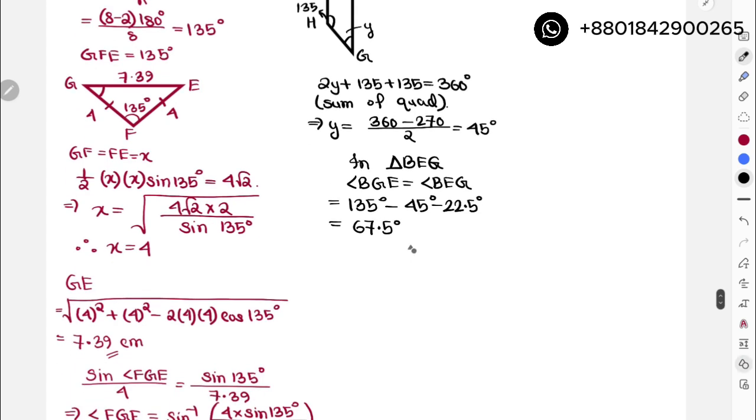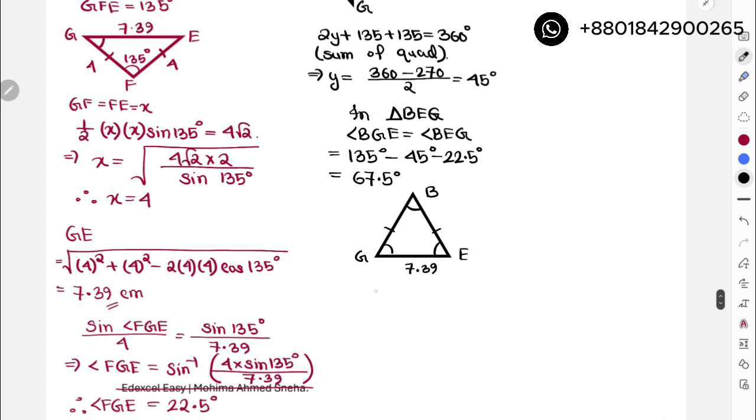Now again, if you focus on the triangle BEG, GE is already known to be 7.39 centimeters in length. We have these two angles of equal value, which means this is an isosceles triangle. So if I can find out this angle, I can easily find out the other.